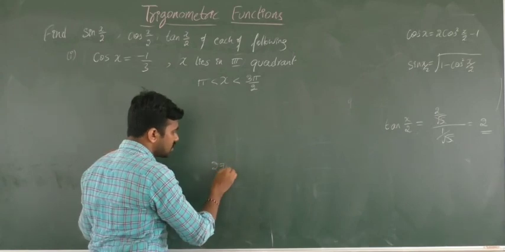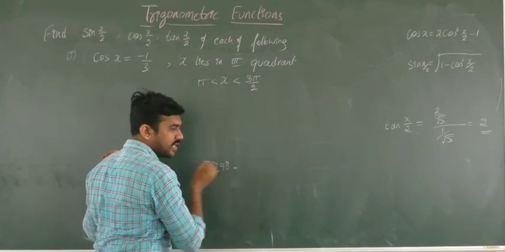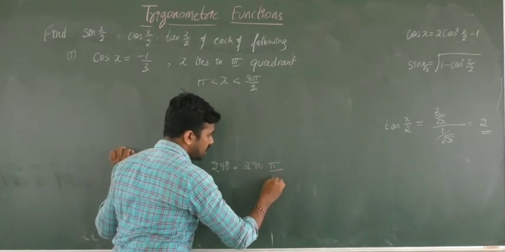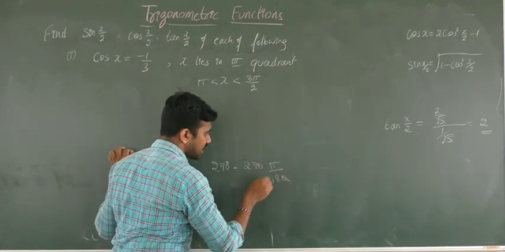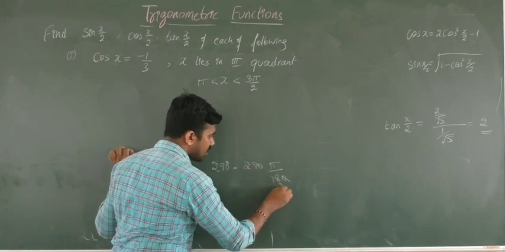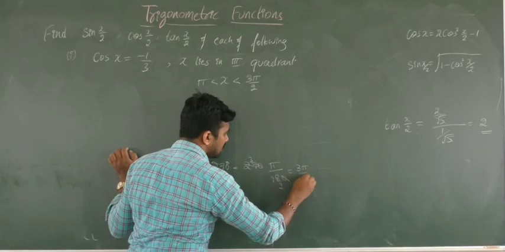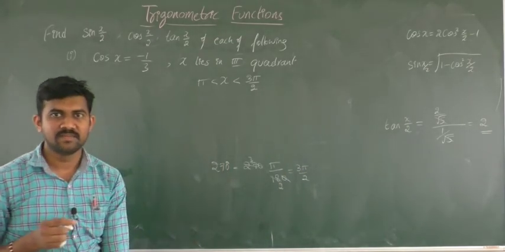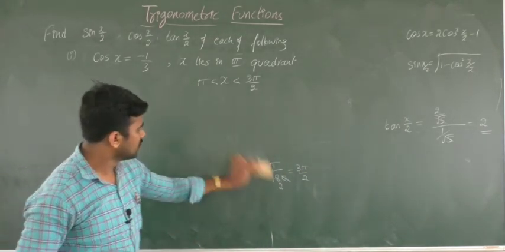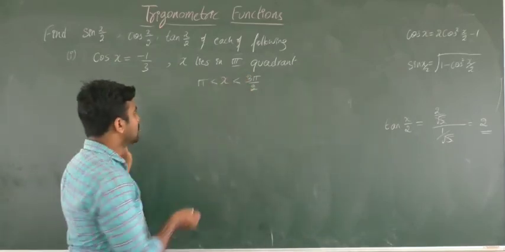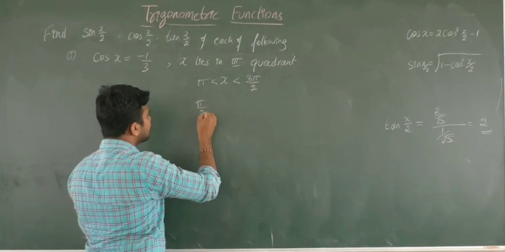How can we convert 270 degrees into radians? 270 into pi by 180, the zeros cancel, 9 twos are 18, 9 threes are 27, so 3 pi by 2 is nothing but 270 degrees. Remember that. Now, x lies in the third quadrant, so in which quadrant does x by 2 lie?